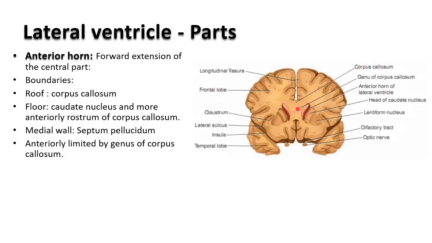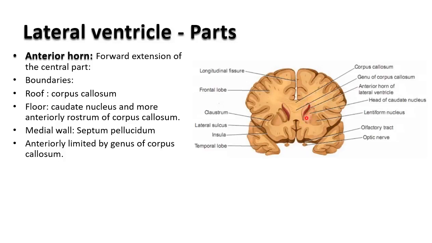You are able to see that. This is your medial longitudinal fissure, and in the depth of the fissure you are able to see the corpus callosum. So that is your anterior horn of the lateral ventricle, with the floor formed by the caudate nucleus.